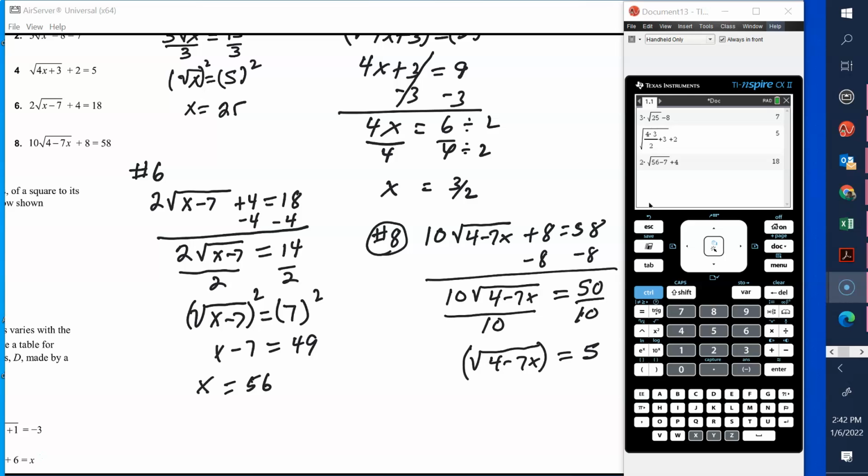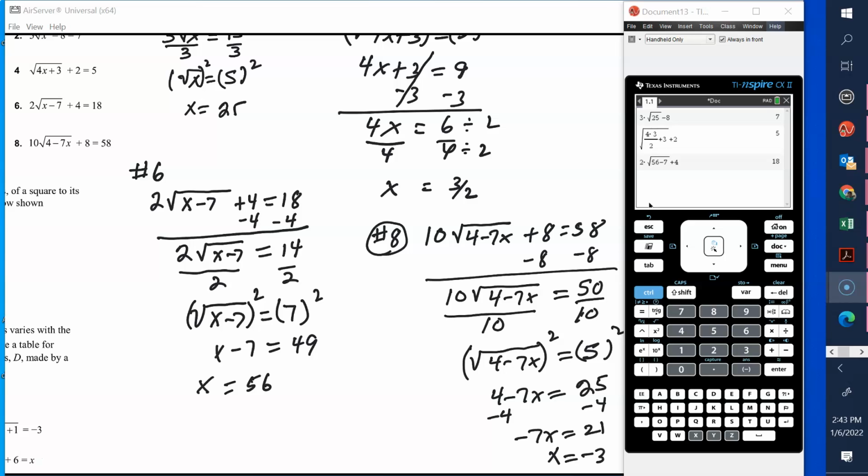On the left side, you're going to square, and then the right side, you're squaring. So you have 4 minus 7x equals 25. So you subtract 4, so you have negative 7x equals 21. So x equals negative 3.